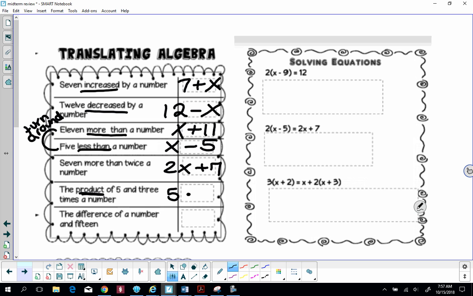Multiply. And 3 times a number. So those might be words that you want to look over. The difference of a number and 15, what does difference mean? Subtract. So you literally write it in order. Number minus 15. The only turnaround words are like less than, more than. Those are the ones that you would turn around.